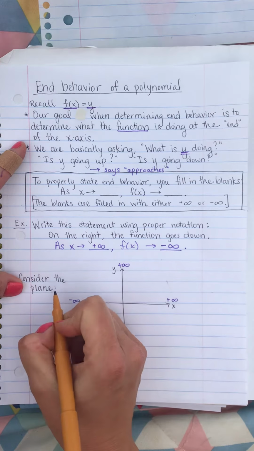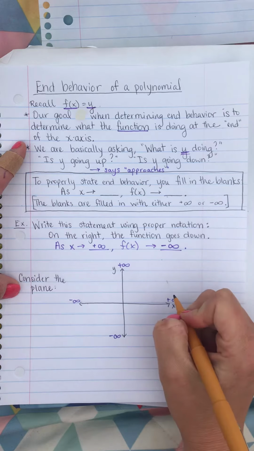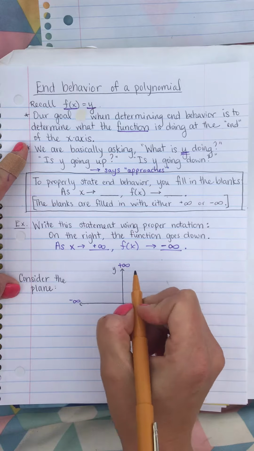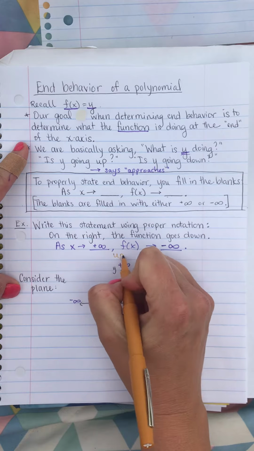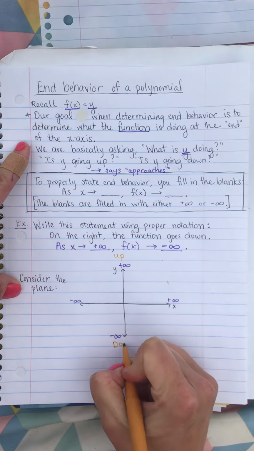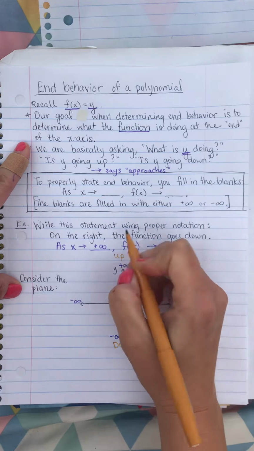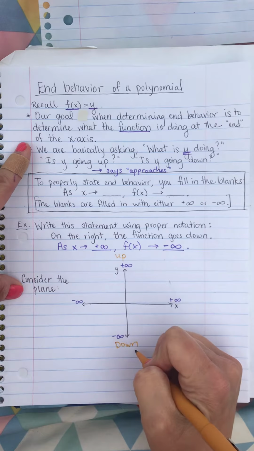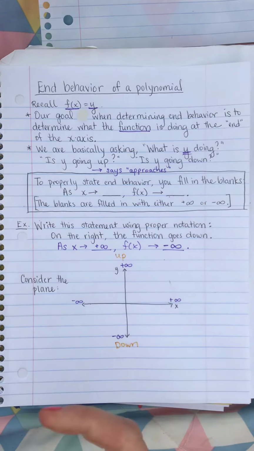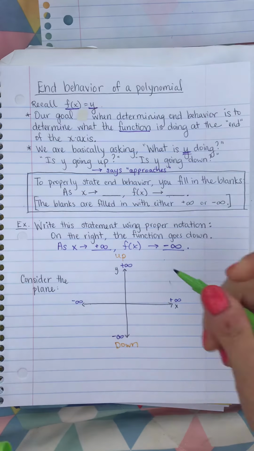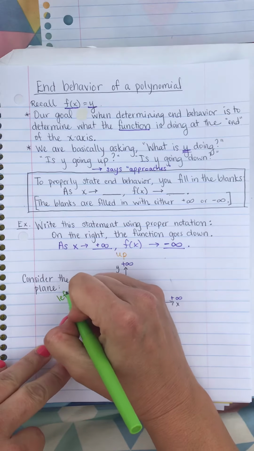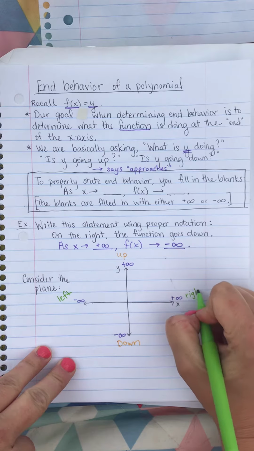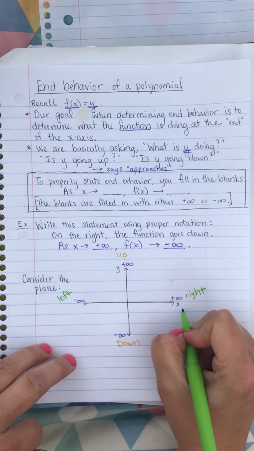Okay, so here, consider the plane. Our plane has four directions, right? It has an up direction, it has a down direction, right? So your y value is going up to positive infinity, or it's going down to negative infinity. It has a left and a right. The left is when your x is going to negative infinity, and the right is when your x is going to positive infinity.